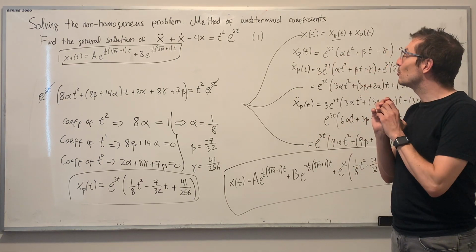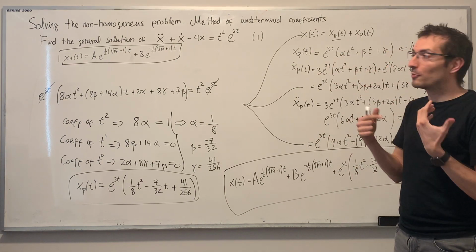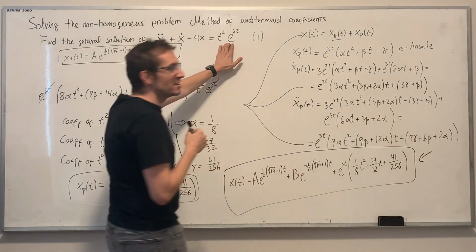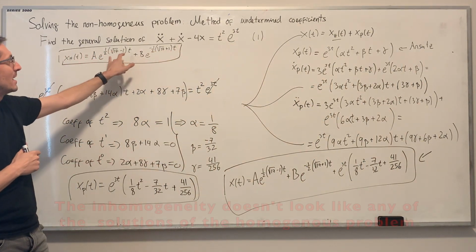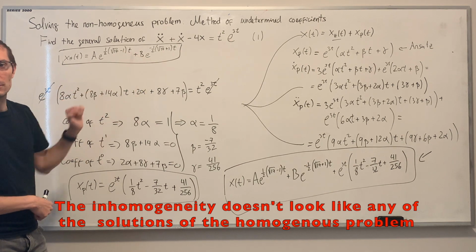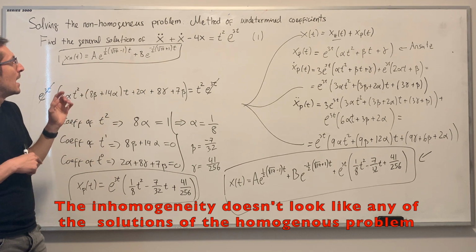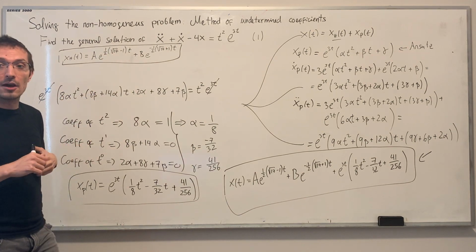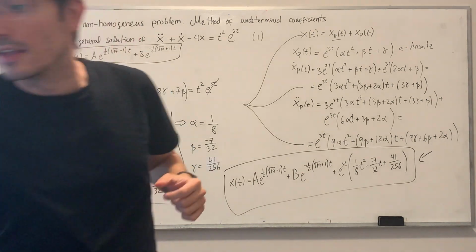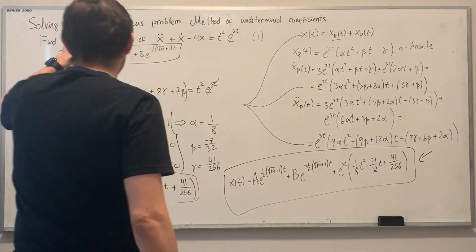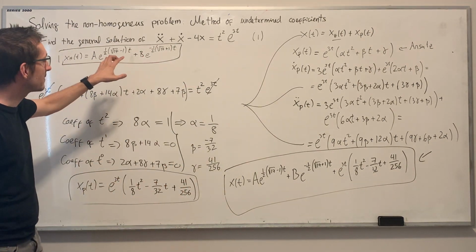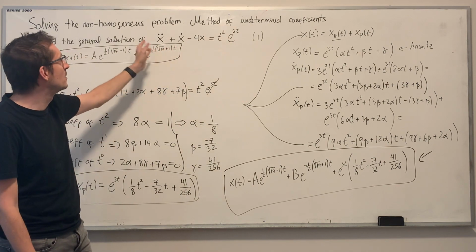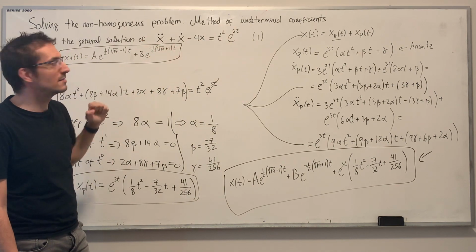Now, one thing that was nice about this exercise is that the inhomogeneity doesn't look like any of the solutions to the homogeneous equation, to begin with because the exponent was different. It would have been different if the exponent had been minus (1/2 root of 17 plus 1) t.